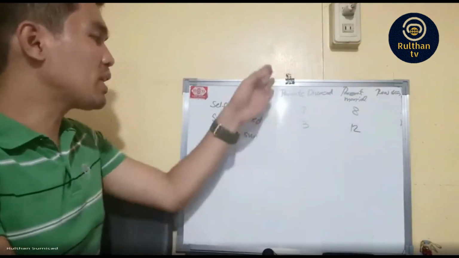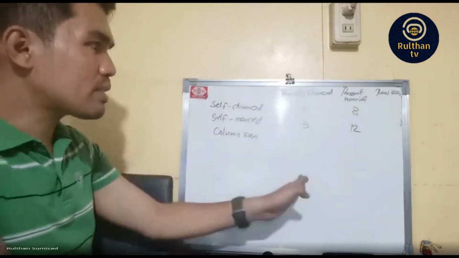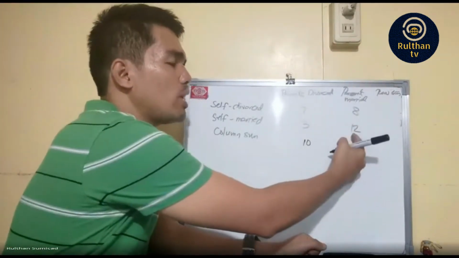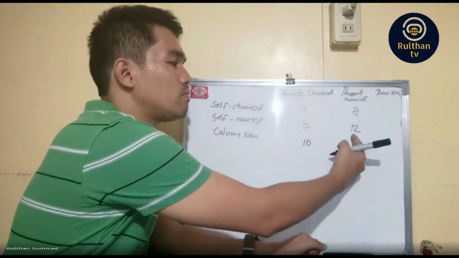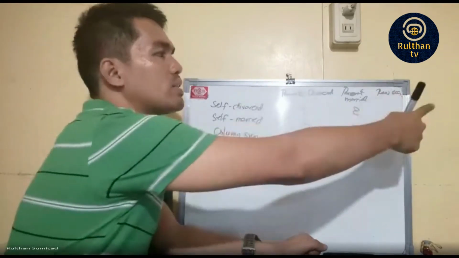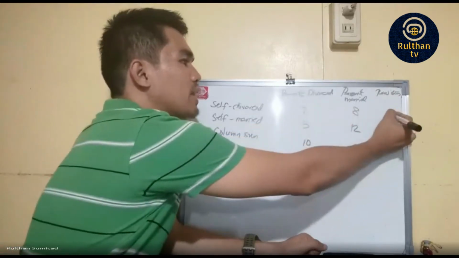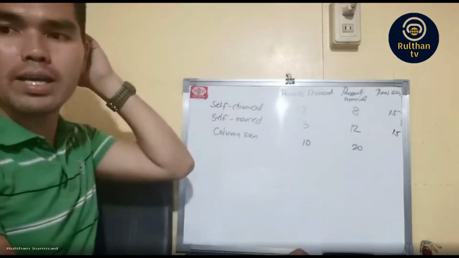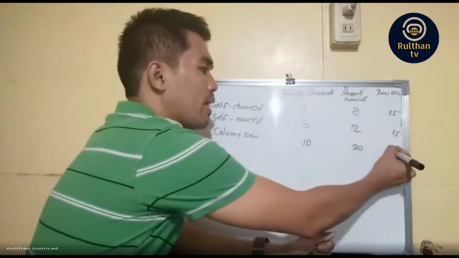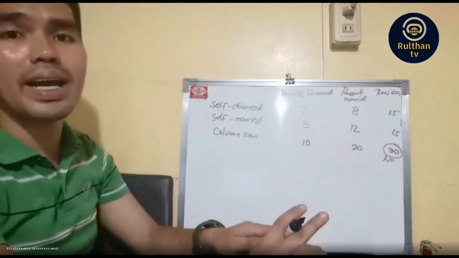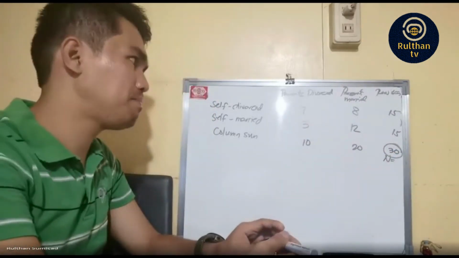Now what we can do, we'll get the sum of the column, the summation of this one, which is 8 plus 12, this is 20. And then towards there, the row sum, this is 15. This is also 15. Okay? And then our sum total here, we have 30. This is our N, 30. So meaning to say there are 30 respondents all in all.